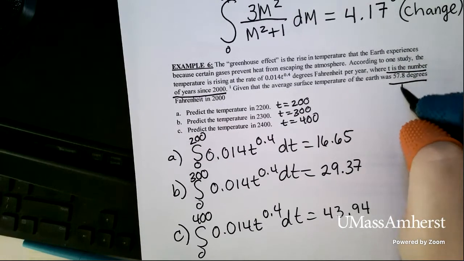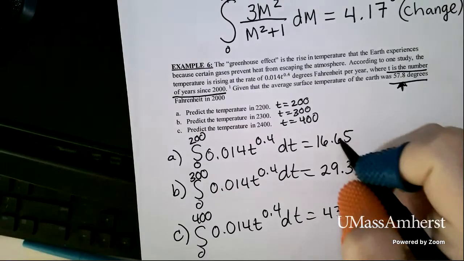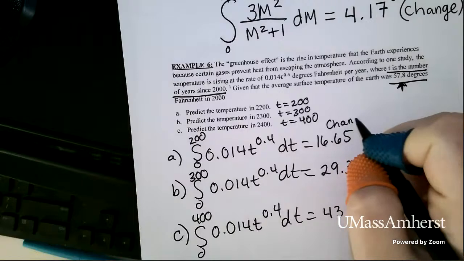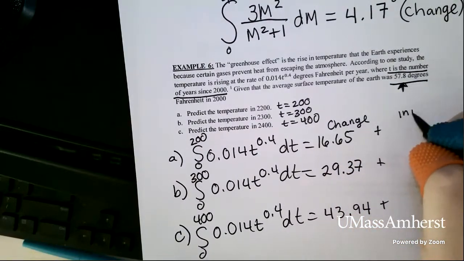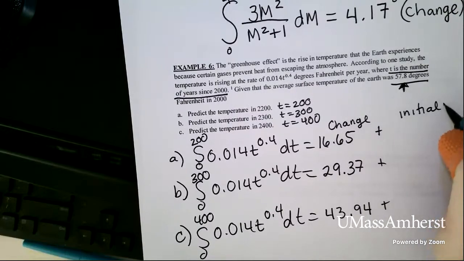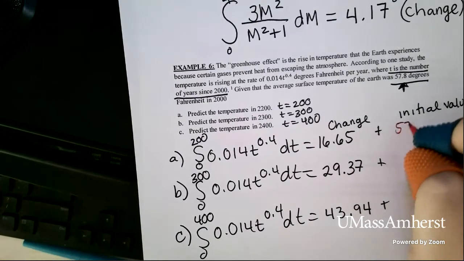So this is where we need to consider what the average temperature is in the year 2000, where we started our measurement. So for each of these, we're going to add the change to the initial value. Okay, so the initial value is 57.8.